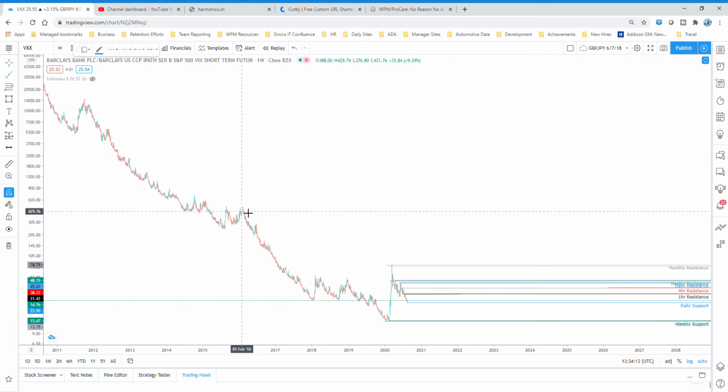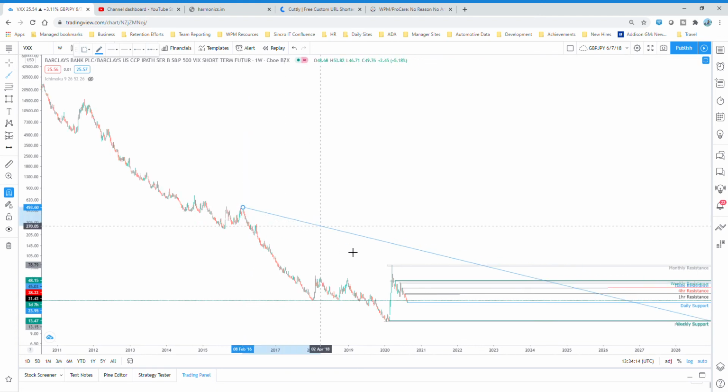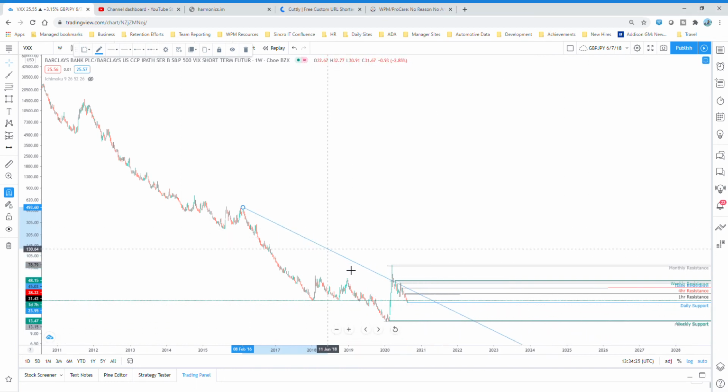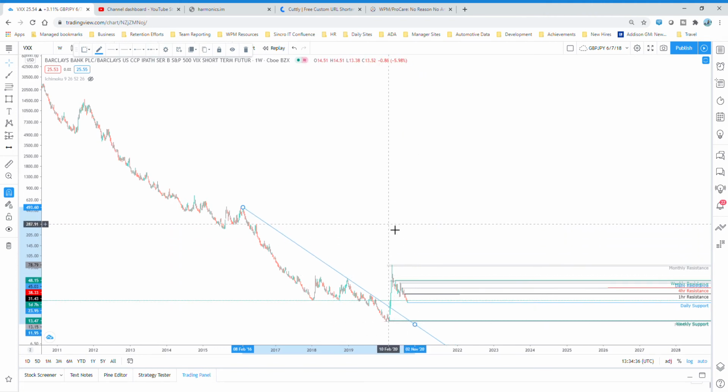And in the last video, we talked about harmonic patterns. And we'll take a look here because we have the possibility of a harmonic pattern forming. So we'll draw this trend line here, and we see that we got a nice break of the trend line here.